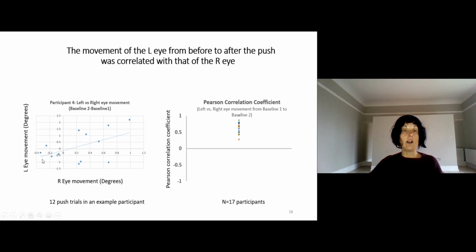And you see a good correlation between the movement of the left eye and the movement of the right eye. Looking across 17 participants, this correlation was significantly different from zero. So one could speculate that the function of the activity in the left oculomotor and left abducens nucleus that control the movements of the left eye is to keep the two eyes in alignment.